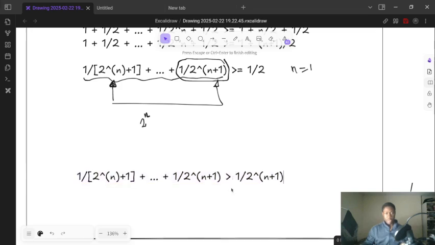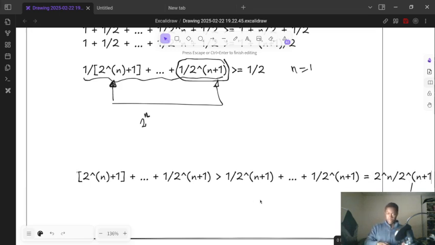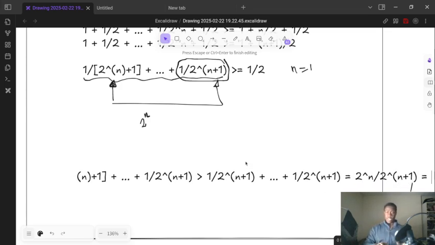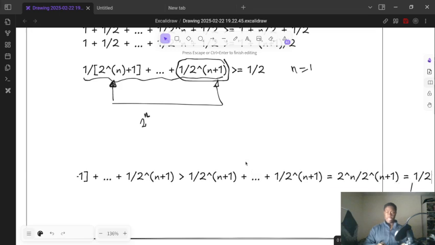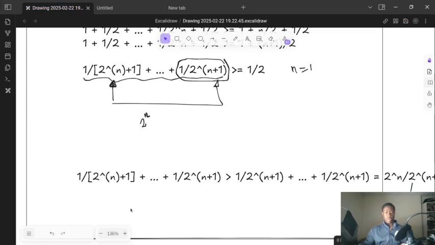Which means I'm going to have that plus, as we said, there are 2 to the n terms, so I'm going to have 2 to the n over 2 to the n plus 1, which is exactly 1 over 2. And so without having to use induction, we've shown that this part here is strictly less than 1 over 2.